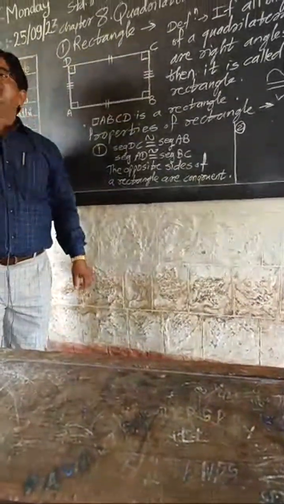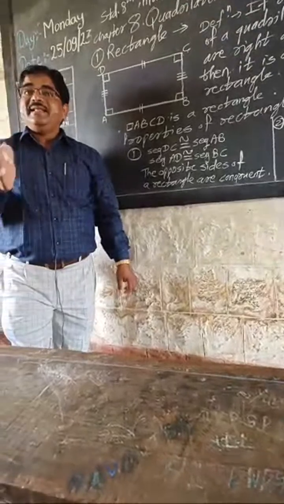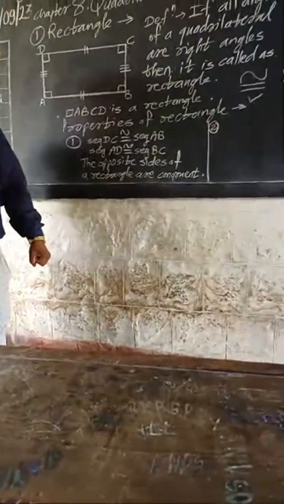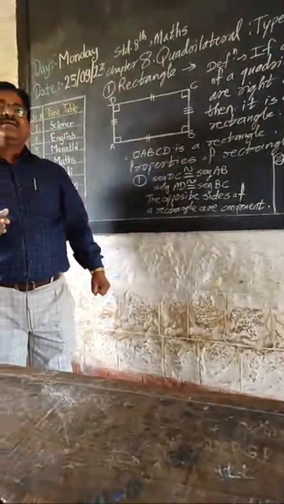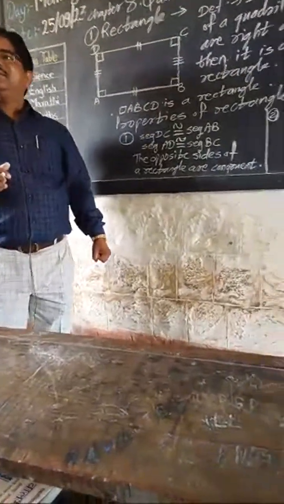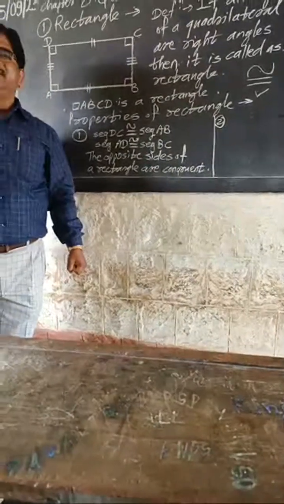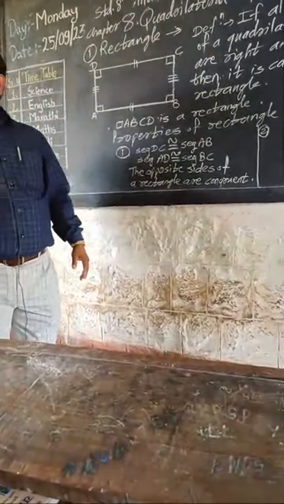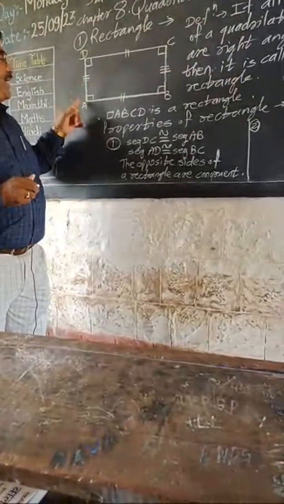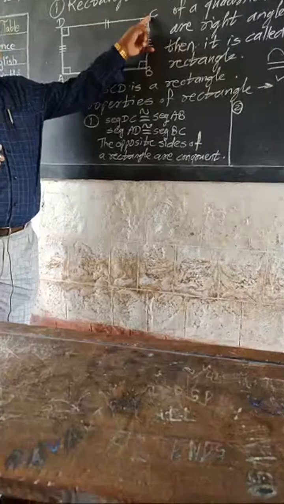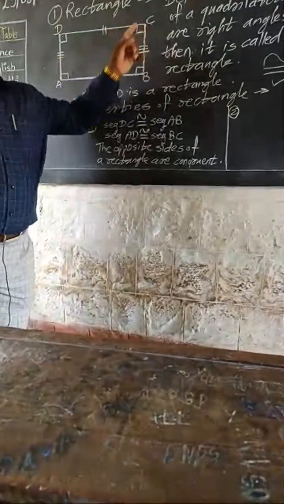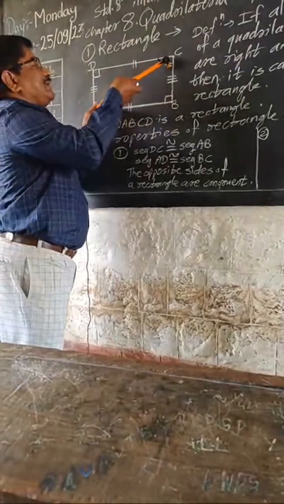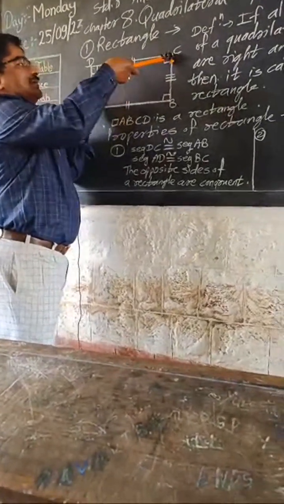Then next, which lengths do we measure? Can you say which lengths? This point A and point C. This distance we measure here, segment AC.